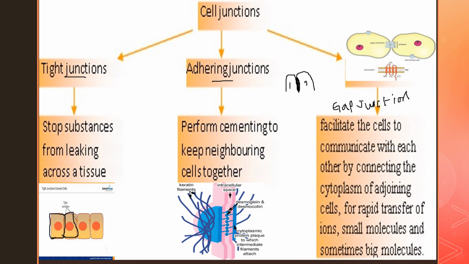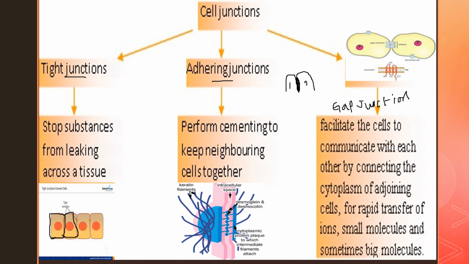The next type of junction is the adhering junction or desmosome. These are present in epithelial cells as well as muscle cells, which have a protein called desmosomes, responsible for adhesion.